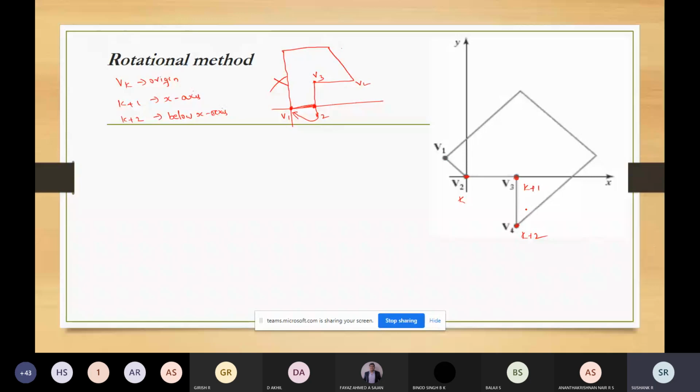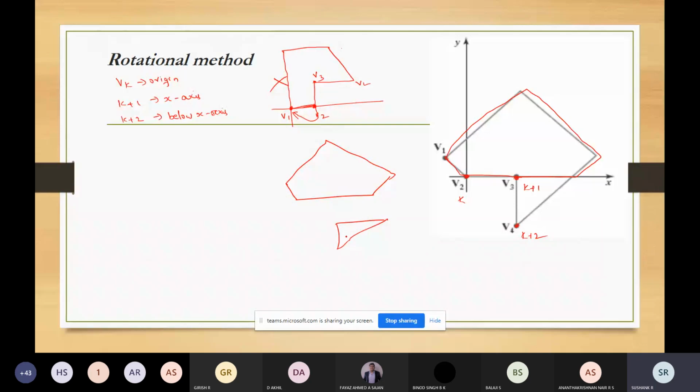In this case, we can split this into two parts. This is polygon 1 and the second polygon.